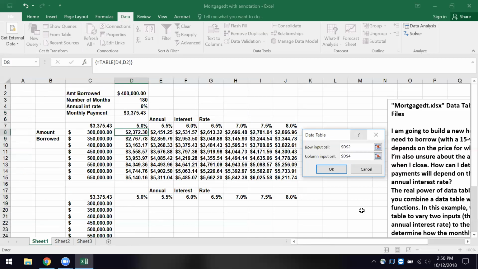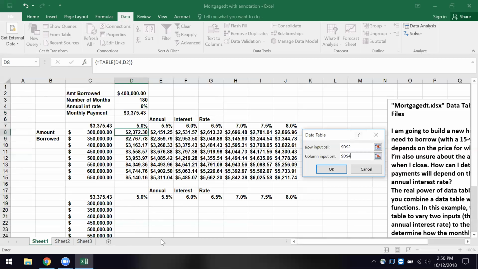Now let me show you this, okay? And I want to talk to you for a minute about this. You can see I kind of have to go back and look at something I've done, and I struggle with it a little bit. The row input cell is D12. Let's talk about that for a minute. And D12 is the amount of money I'm going to borrow, okay? The row input. So notice I'm taking D2, and here's the row. These are the rows.